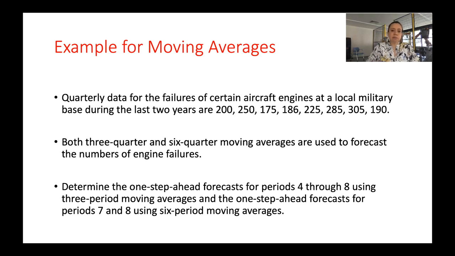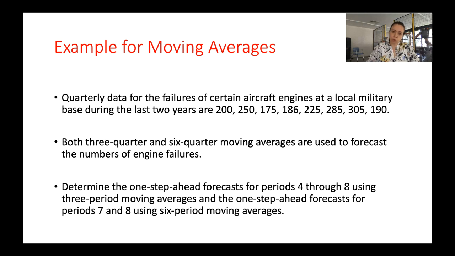Here is an example for moving averages. We have quarterly data for the failures of certain aircraft engines at a local military base during the last 2 years. Here are the observations. We have 8 observations for these last 2 years. Both 3-quarter and 6-quarter moving averages are used to forecast the number of engine failures.